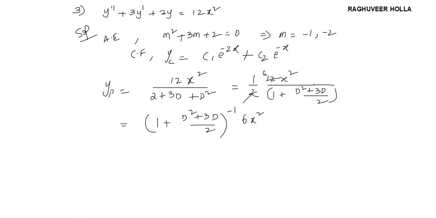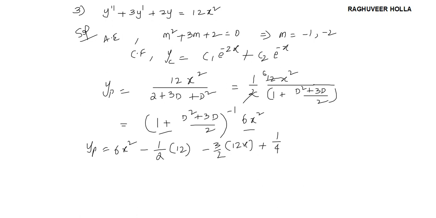If I bring it on with this and this, if I expand this, we get yp equal to 6x square, now expanding it, minus 1 by 2 times that of 12 and minus 3 by 2, 12x and plus 1 by 4.